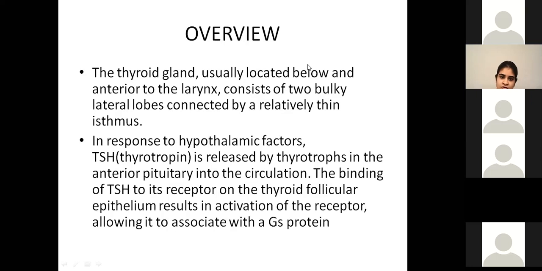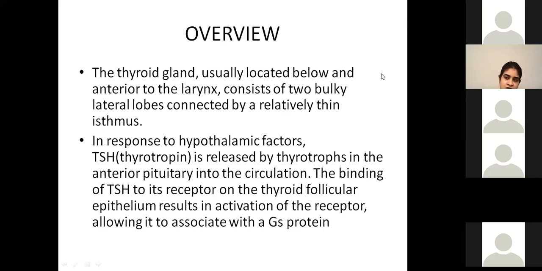Moving on, the thyroid gland is located anterior to the larynx and consists of two bulky lateral lobes connected by a relatively thin isthmus. In response to hypothalamic factors, particularly TRH, TSH is released by thyrotrophs in the anterior pituitary into the circulation.